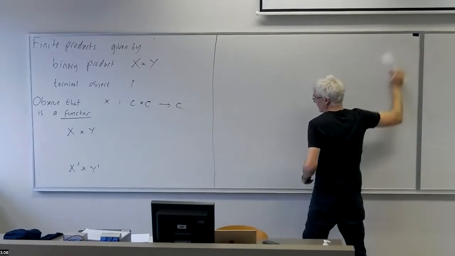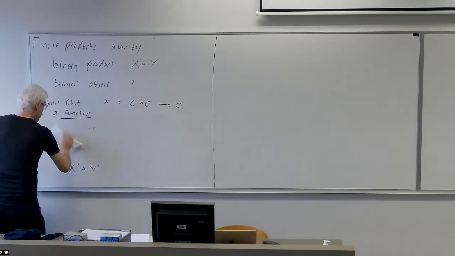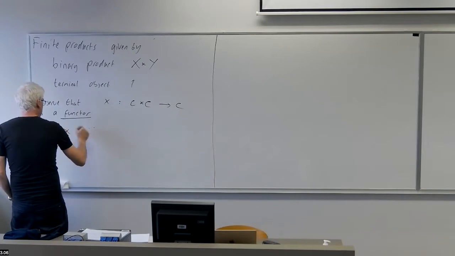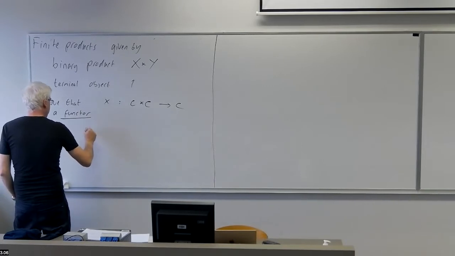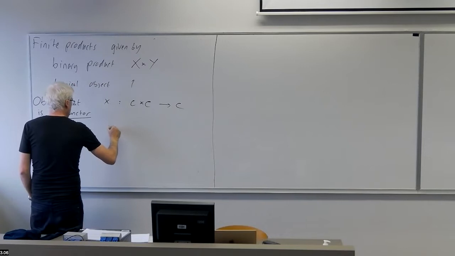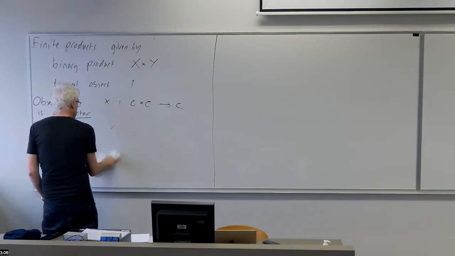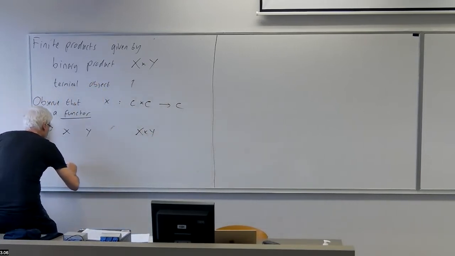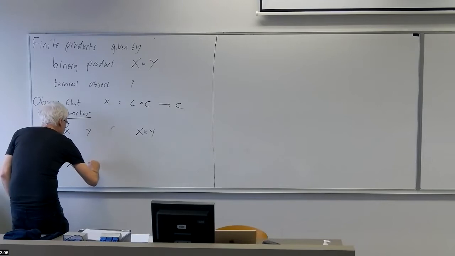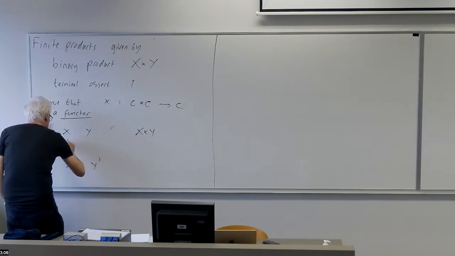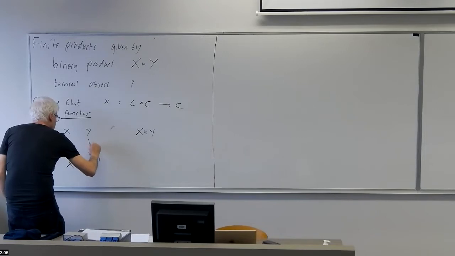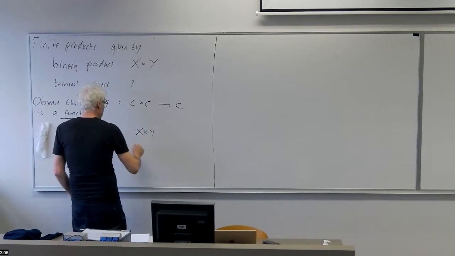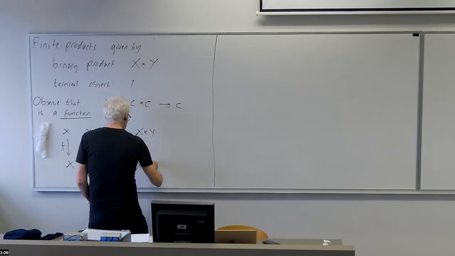So to see this, what we want to do is see that the object action mapping x and y to x times y extends to a morphism action that maps a pair of morphisms f and g, from x to x prime and y to y prime, to a morphism from x times y to x prime times y prime.